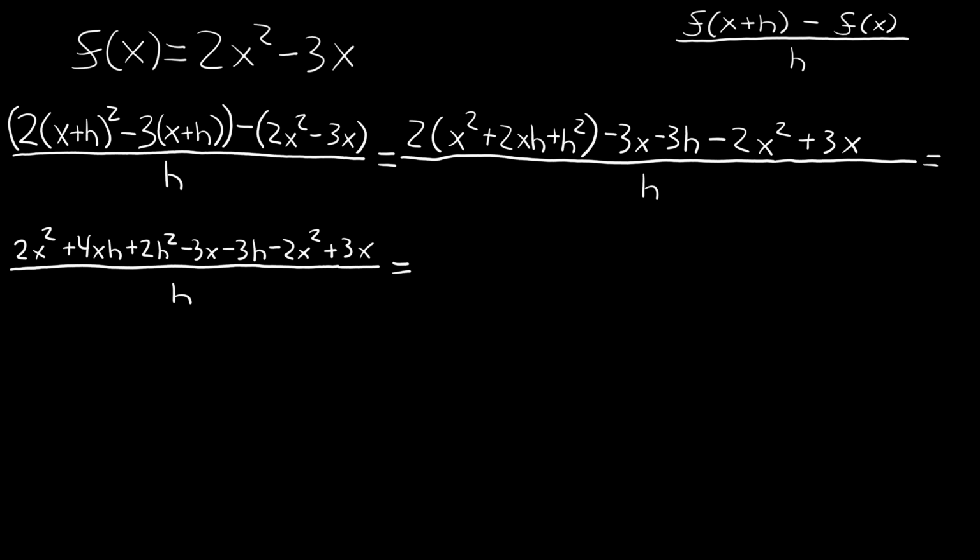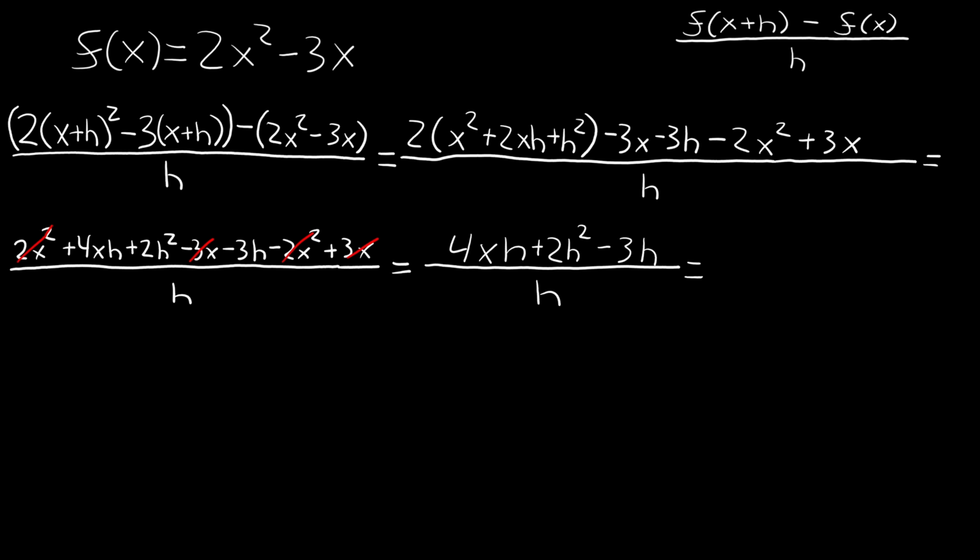So we have a negative 2x squared and a positive 2x squared. We have a negative 3x and a positive 3x. And so now our equation will be 4xh plus 2h squared minus 3h all over h.